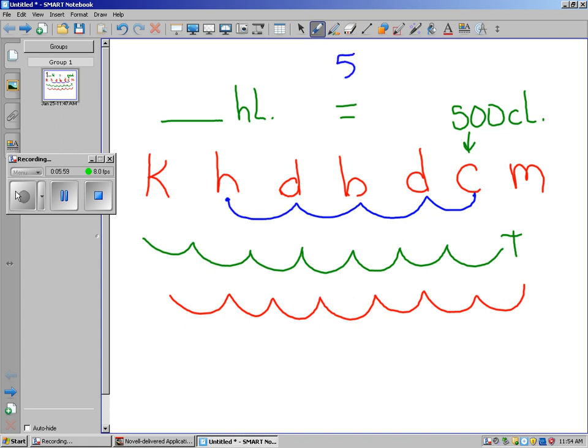When I write the number 500, since that's a whole number, the decimal can go after it. Since I'm making this number smaller, I'm moving the decimal over 1, 2, 3, 4, and I'm adding a 0 in the place that does not have a number. So my answer is 5/100ths of a hectoliter equals 500 centiliters.